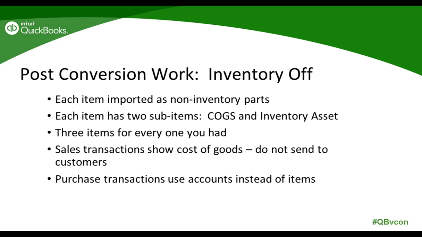On all of your historical sales transactions, like your invoices, you will see 3 line items for every item that you had in QuickBooks Desktop. So for invoices and sales receipts, but for invoices specifically, you want to make sure not to resend those to customers because they will see the cost information.